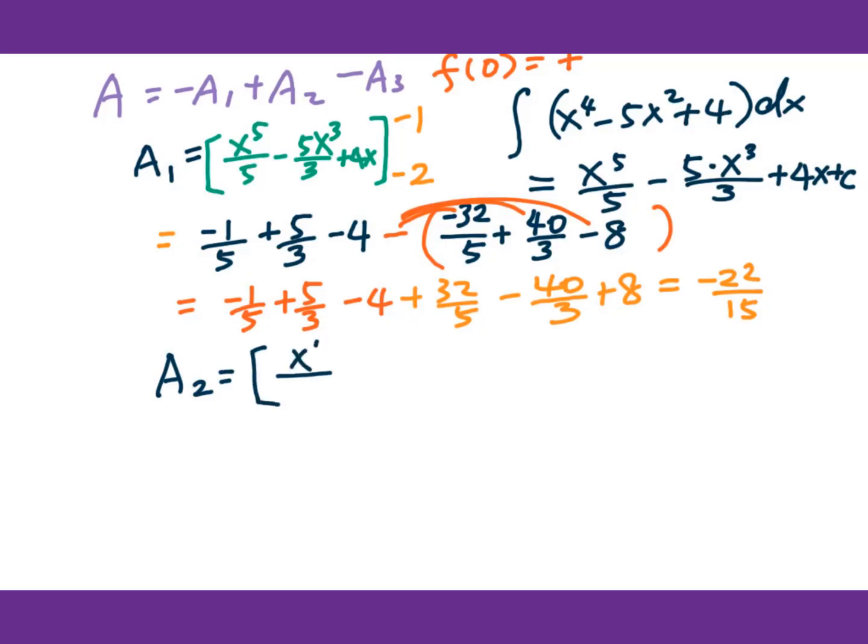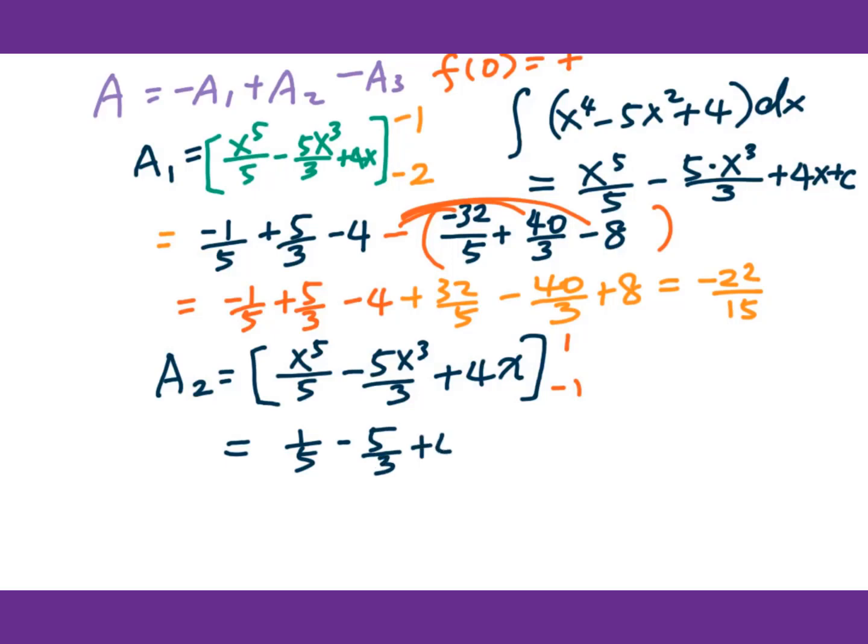You will get x fifth power over 5 minus 5x third power over 3 plus 4x. This time we go from negative 1 to 1. So we plug in 1, you will get 1 over 5 minus 5 over 3 plus 4. Then minus parentheses, you plug in negative 1, basically it's this number.